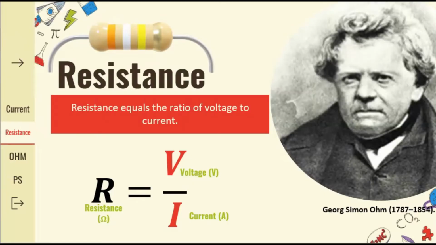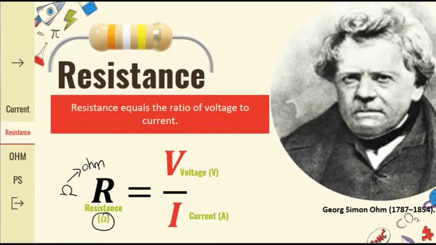Resistance mathematically is equal to the ratio of voltage and current. The unit used is this Greek sign omega, read as ohm. So equal po siya sa voltage over current.